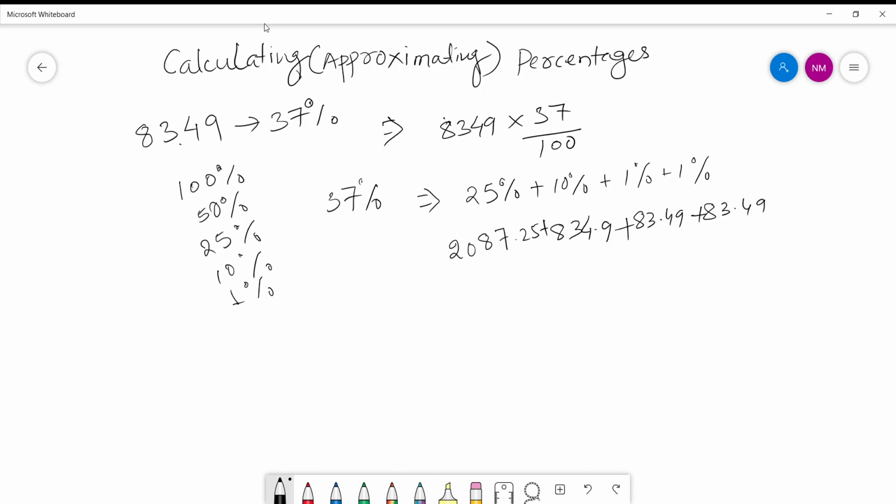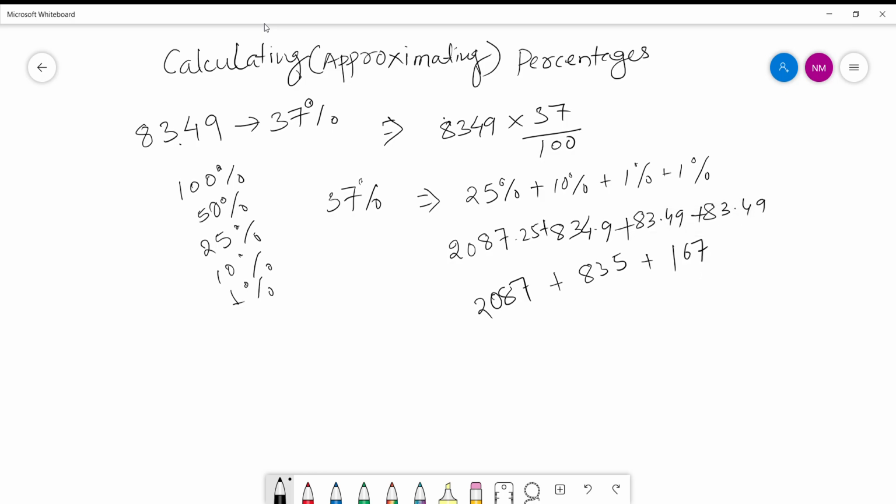Let's say I just want to approximate this value, so I'll say it is 2087 plus 835 plus 83.5 into 2. 80 into 2 is 160, and 3.5 into 2 is 7, so 167.